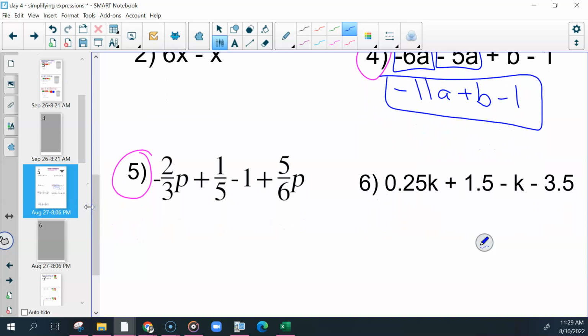For number 5, even though it has fractions, we're still going to do it the same way. Do we have like terms here? Yes. What are they, Christian? Negative 2 over 3p and 5 over 6p. And then even though they look different, one's a fraction, one's a whole number, these are still like terms.